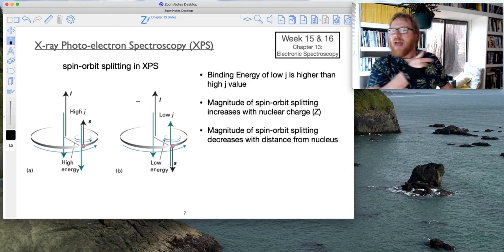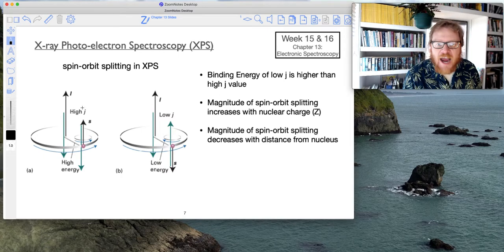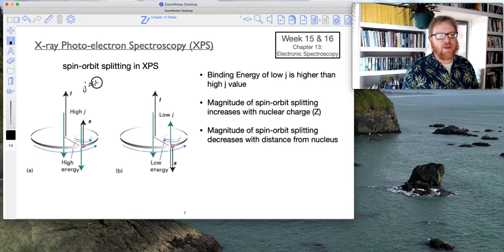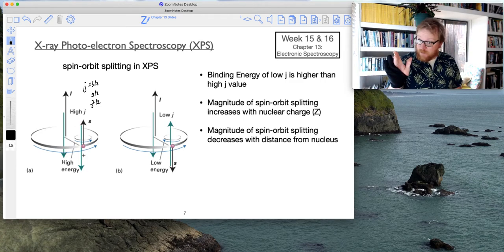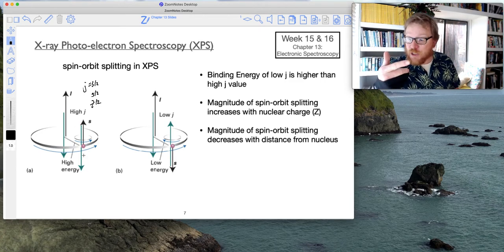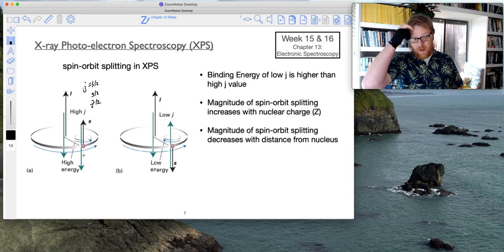It's spinning as it's revolving. And so when that happens, this high J value, okay? So for example, the J equals 3/2, 5/2, or 7/2. You can see that the electron's intrinsic angular momentum is aligned with its orbital angular momentum, okay?